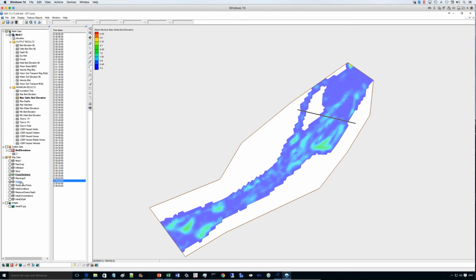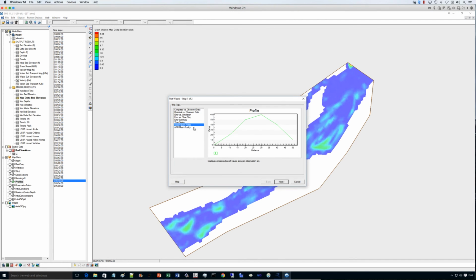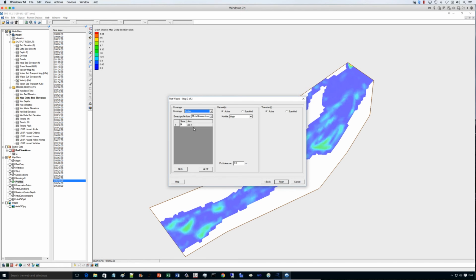Okay, so with that, what you can do is plot what's going on along those profiles. In the display menu, you have the plot wizard, and you can look at the observation profiles. In this case, I want to show you, for example, what's going on with the bed elevation versus the initial bed elevation.